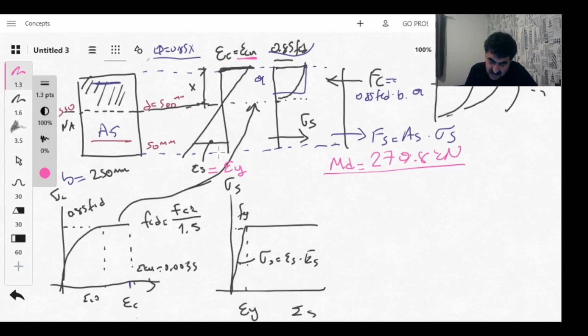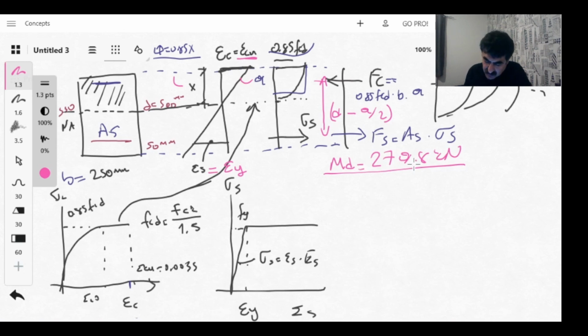If I know this value, I can calculate x, and then I can calculate a. If I calculate a, I can directly calculate Fc. So if I take the moment with reference to the tension steel, Fc multiplied by the moment arm, which is d minus a over 2, then I will calculate the balance moment. Okay, so let's do this.